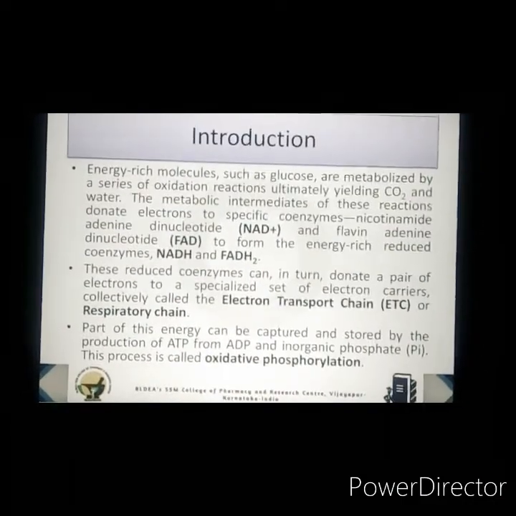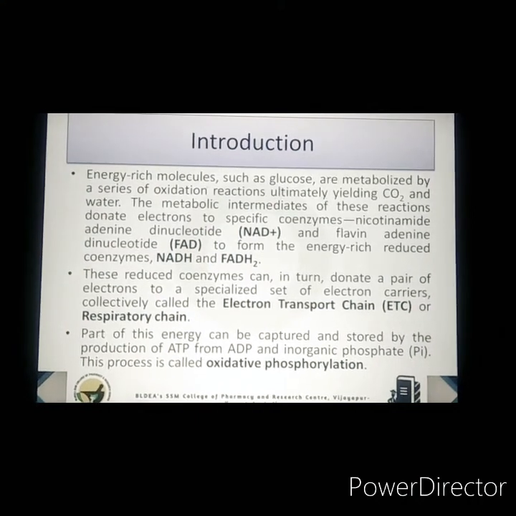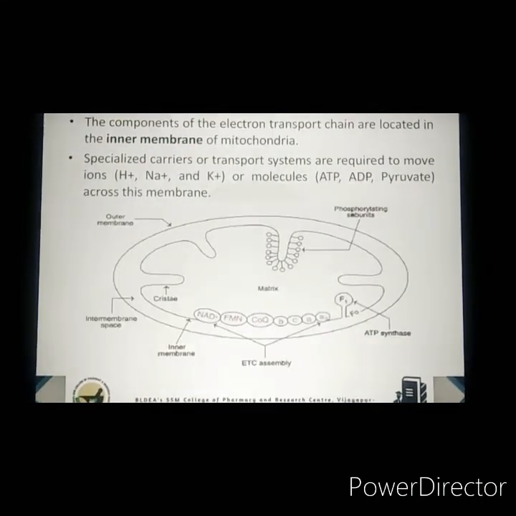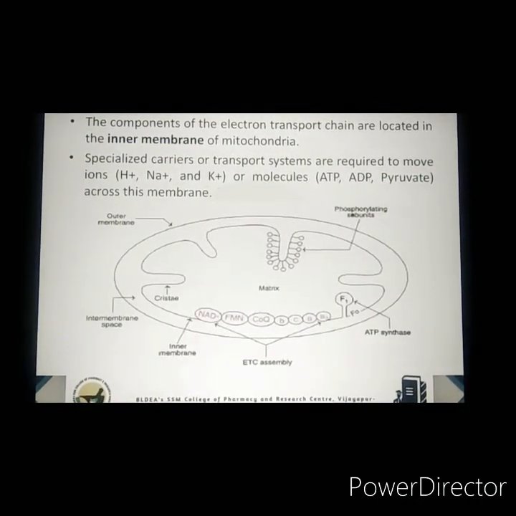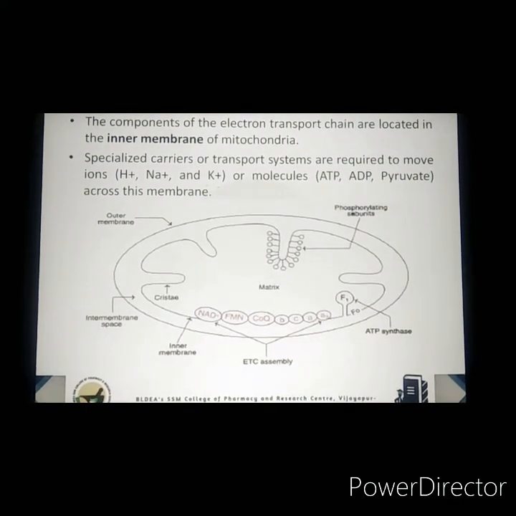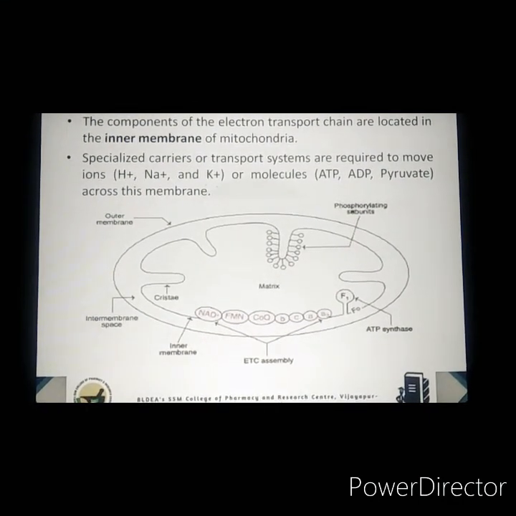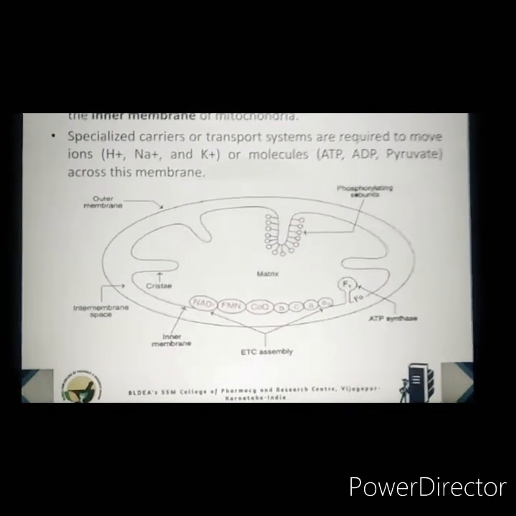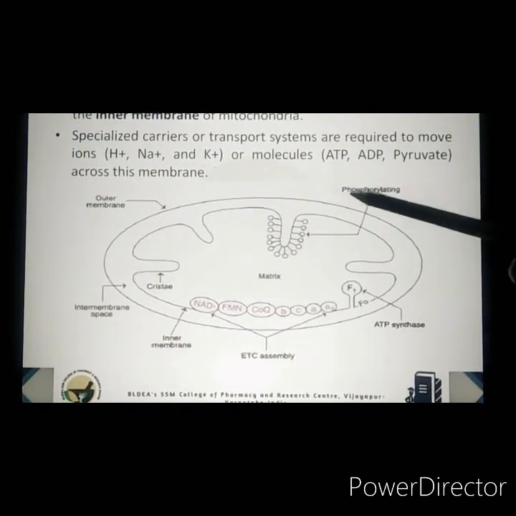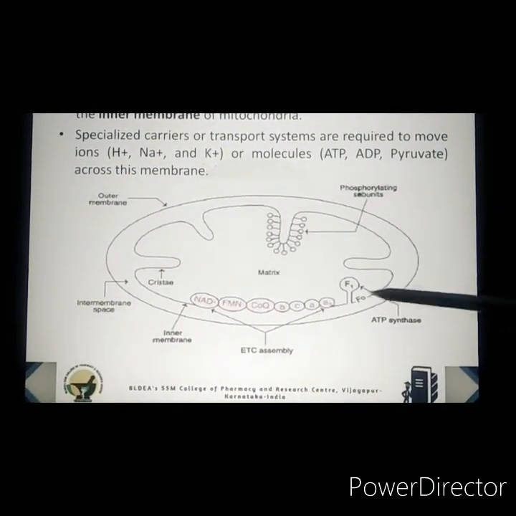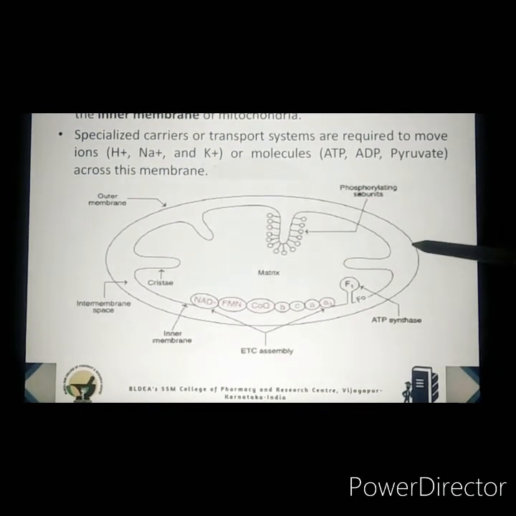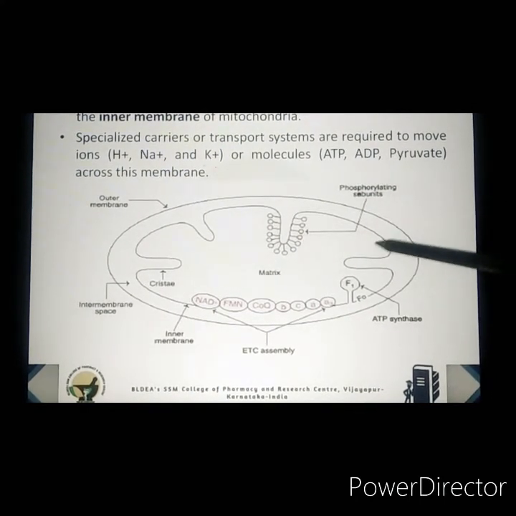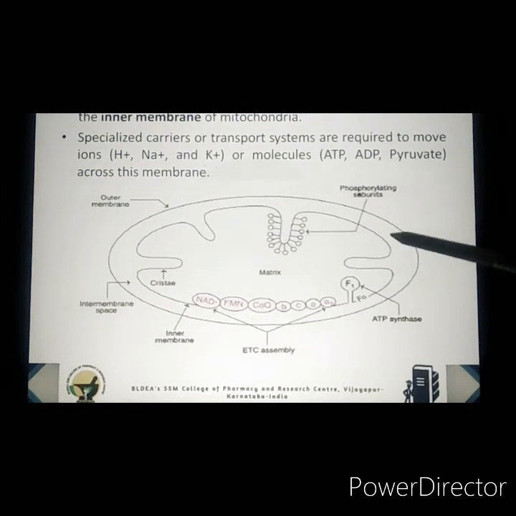So now let us see in detail what is electron transport chain and what are its components. You can see here the components of electron transport chain are specifically located in the inner membrane of mitochondria. This is a mitochondria, this is the outer membrane, this is the inner membrane, and this is the matrix, and the space between the outer membrane and the inner membrane is known as intermembrane space.